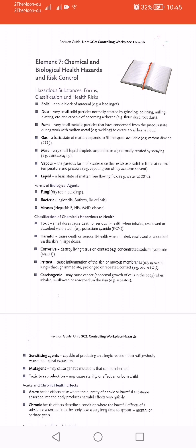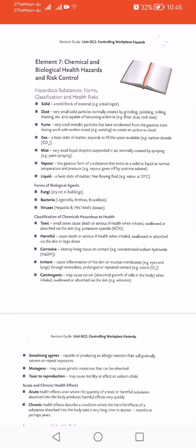Then now we are talking about classifications of chemicals hazardous to health, chemicals that are dangerous. Hazardous means dangerous to human health or to the environment. So we are talking about six or eight of them which are dangerous to human health. We're talking about toxic.